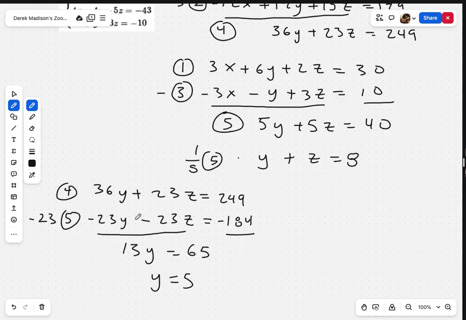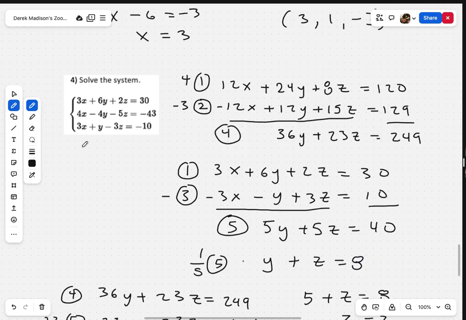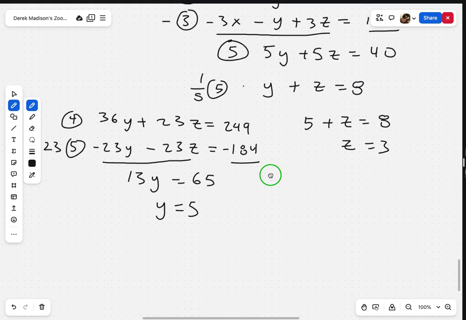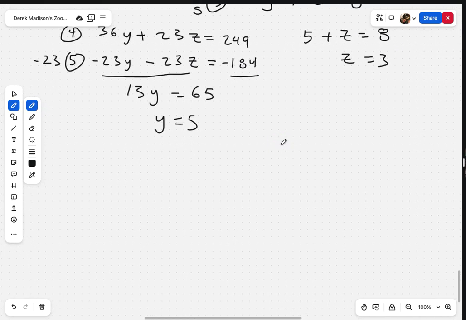So definitely harder when the numbers are a little bit bigger, but it's the exact same process. From here, we'll plug y in right there and get 5 plus z equals 8. Subtract the 5 over, and z equals 3. And then I went back to equation 3, which I'll scroll down here and do that.